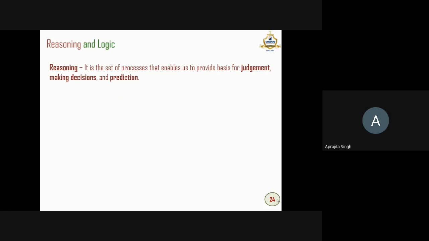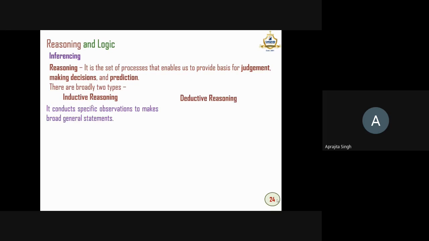So, what is reasoning and logic? Reasoning is a set of processes that enables us to provide basis for judgment, making decision, and even prediction. Okay. So, there is something called inductive reasoning and deductive reasoning. What is inductive reasoning? You have a basket full of grapes.